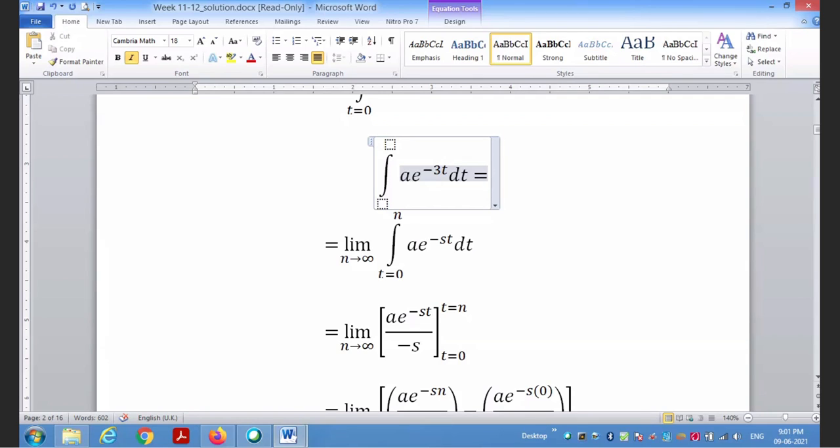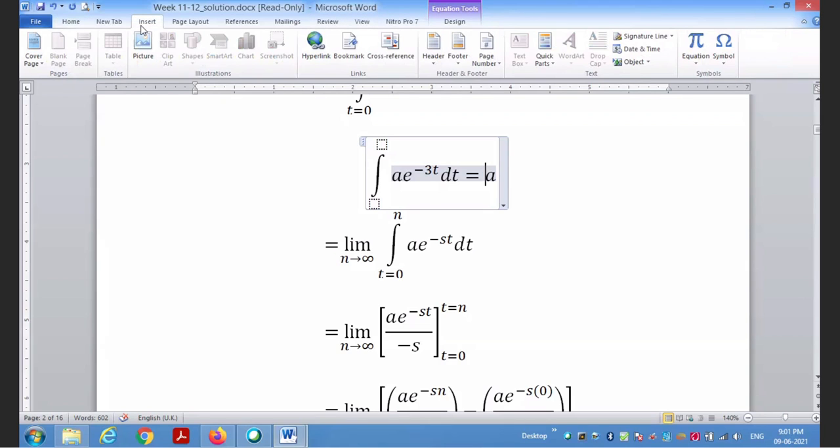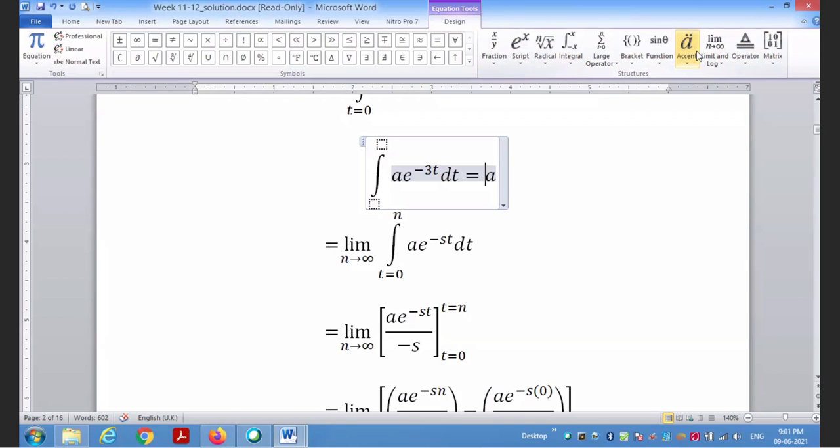Okay, and then you integrate e to the power of minus 3t with respect to t, dapat apa? Negative 3. Integrate dia dapat apa? Jadi e power of negative 3t.